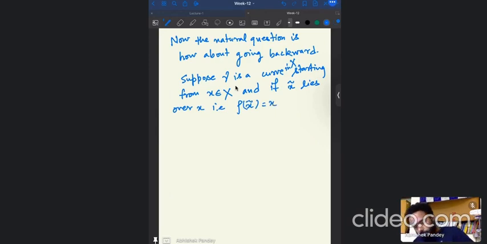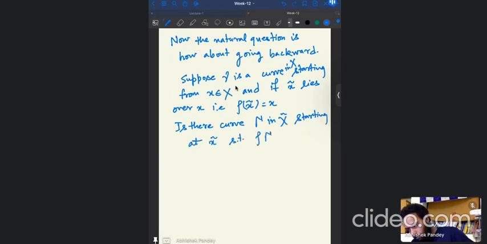Okay, so the question is, is there a curve gamma tilde in X tilde starting at x tilde such that rho of gamma tilde is basically this gamma? This is the question.